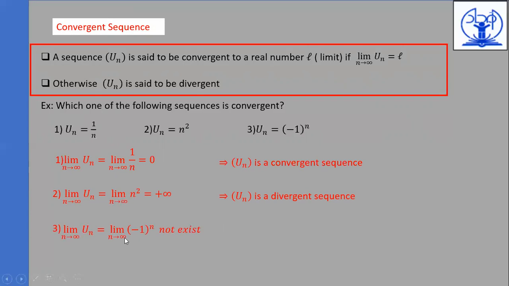What about this limit? The limit of un as n tends to infinity is the limit of (-1) to the n as n tends to infinity. You have to consider two cases. Actually, whenever you are studying the limit of a sequence, sometimes it's critical to consider two cases where n is even or n is odd.